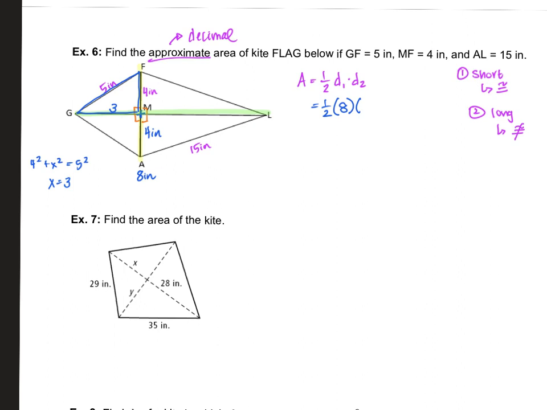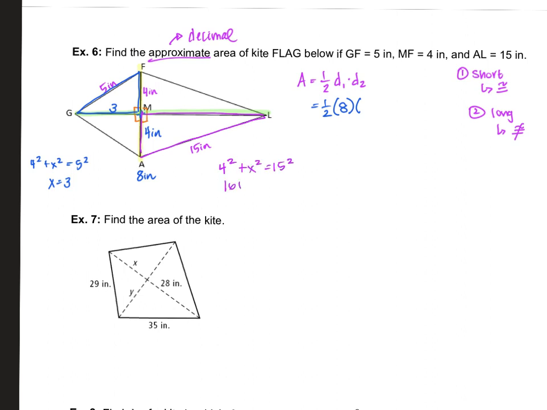Okay, now, I found part of that diagonal, but now I need to find ML, the other part of the diagonal. Again, taking a look at what I'm given for this right triangle, I'm given 2 sides and asked to find the third, so Pythagorean theorem, 4 squared plus that unknown side squared equals 15 squared.